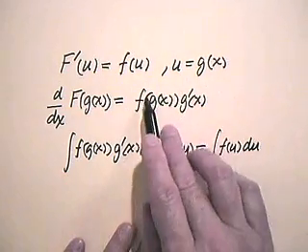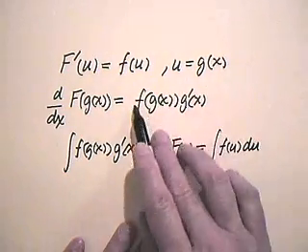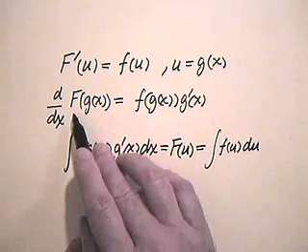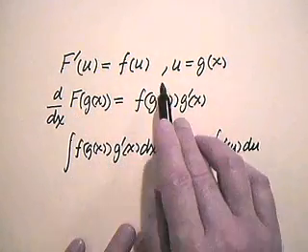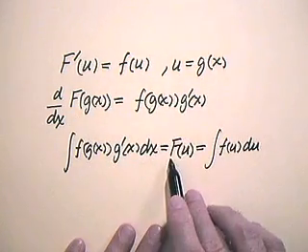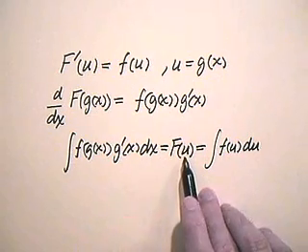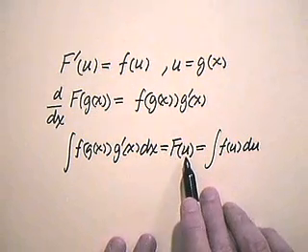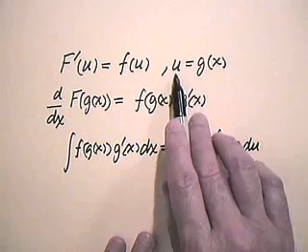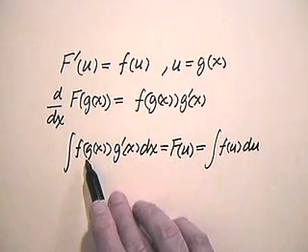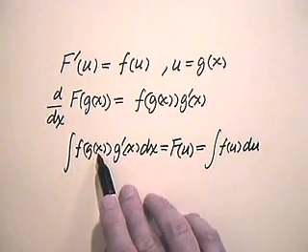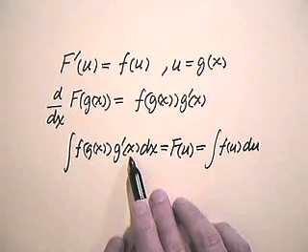Consequently, the antiderivative of that expression is F of g of x. Well, if u is g of x, that means it's F of u. In other words, when I differentiate F of u with respect to x using u equal g of x, the chain rule says I get little f of g of x times g prime of x.